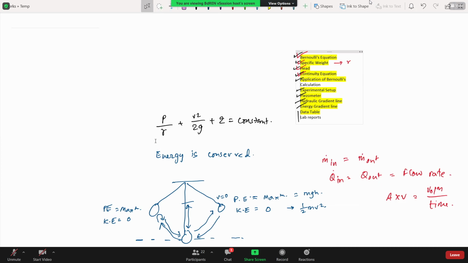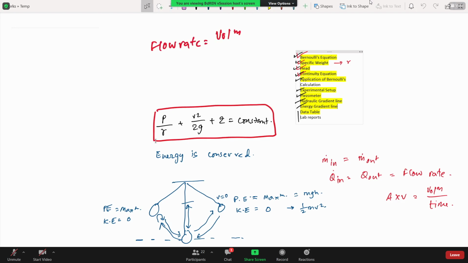Firstly, some of the concepts that you must remember are these equations, and then what is flow rate. Flow rate is the volume of fluid per unit time, and is equal to area times velocity, right?